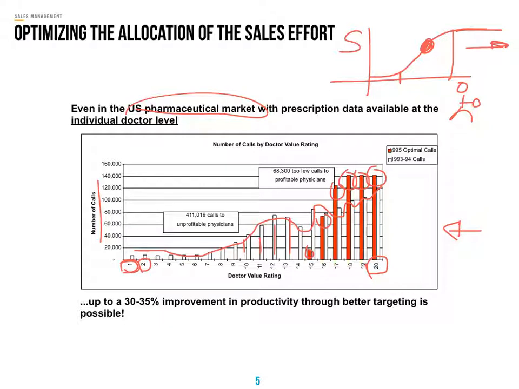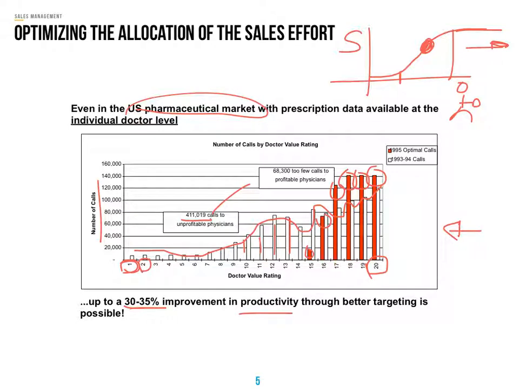actually doing, in this particular case, fewer calls, so going from 411,000 calls to only 68,000, they actually increased productivity with fewer calls.